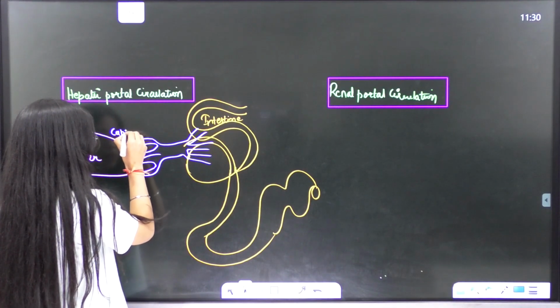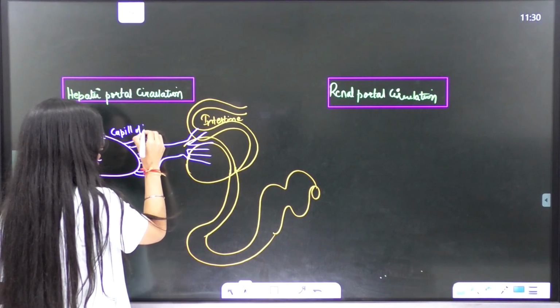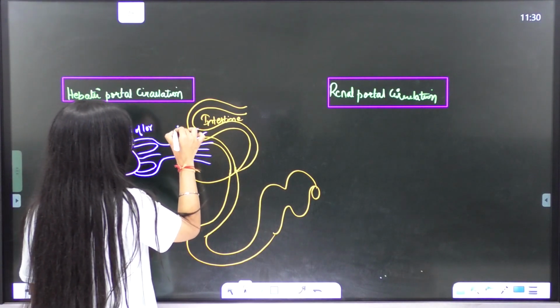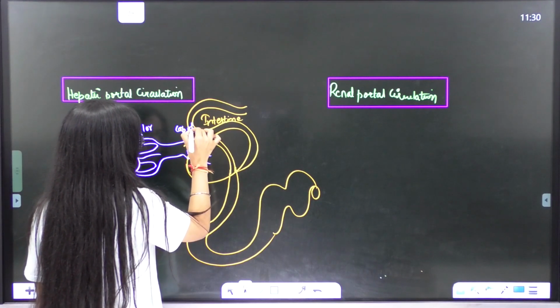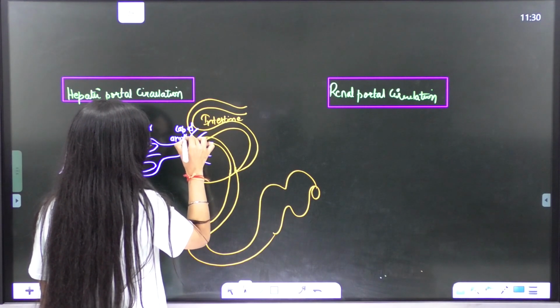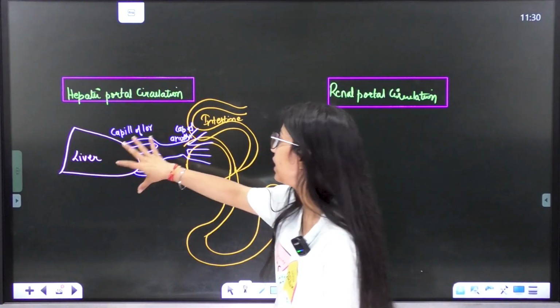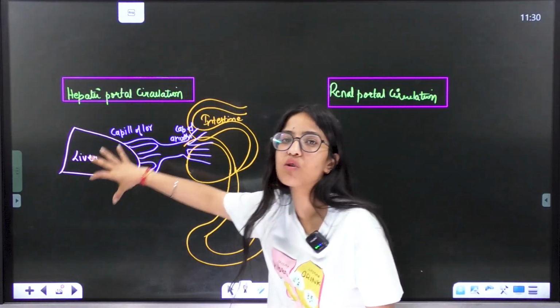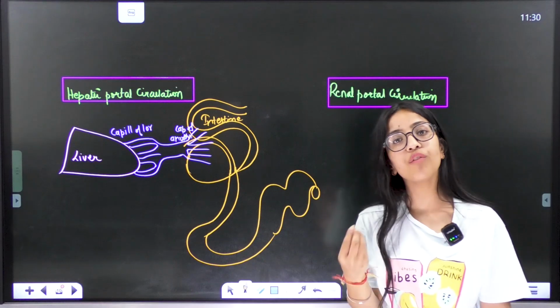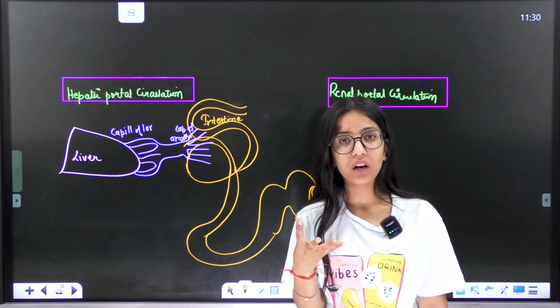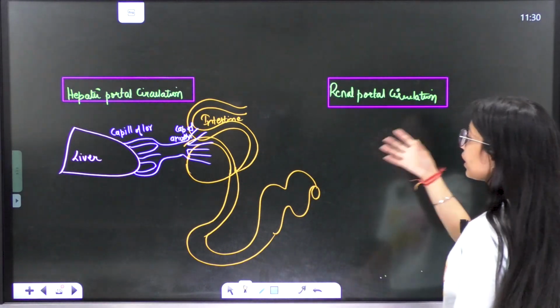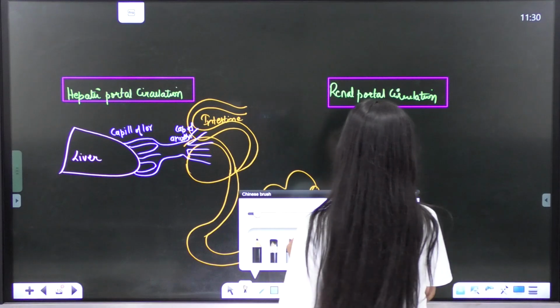So these are capillaries of one organ and these are capillaries of another organ. So the blood will move from the liver to the intestine, the capillaries of one organ to the capillaries of another organ. Clear? Now renal portal system.